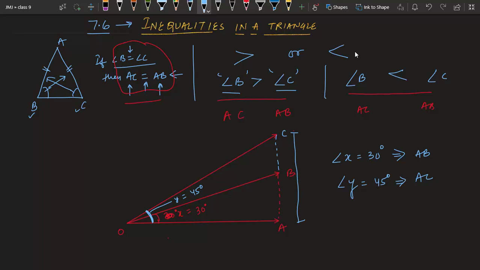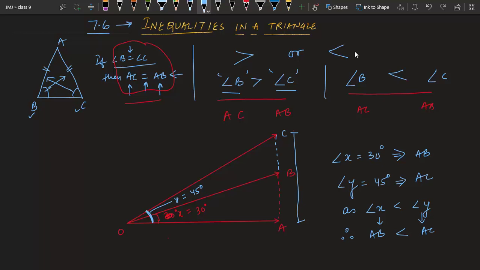So, as angle X is less than angle Y, we have found practically that AB, which is opposite to angle X, is less than AC, which is opposite to angle Y.